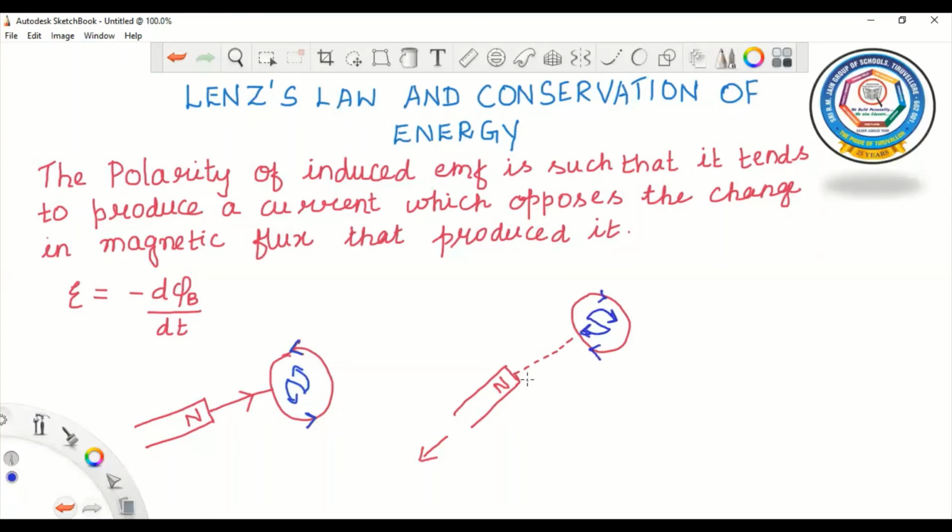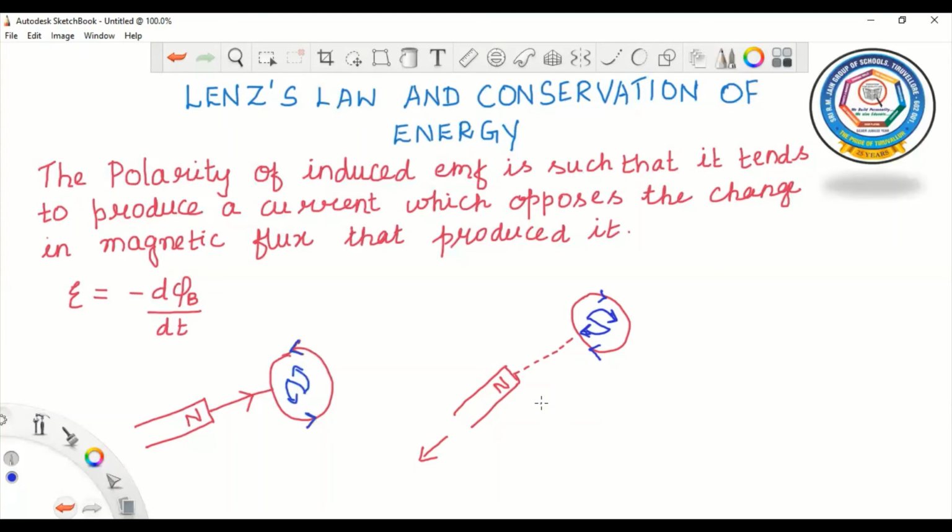Its south pole faces the receding north pole of the bar magnet. This would result in an attractive force which opposes the motion of the magnet and the corresponding decrease in flux.